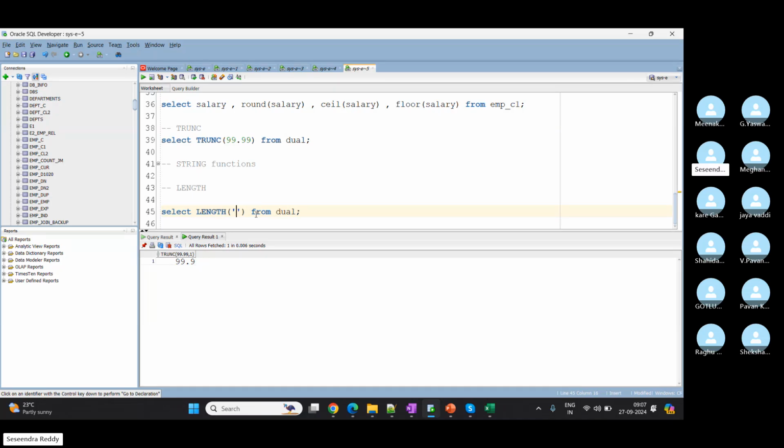Let's say we have the name John. If we want to see how many characters are there in this name, we can use length. The length function will give the result as a number, the length of the given string.